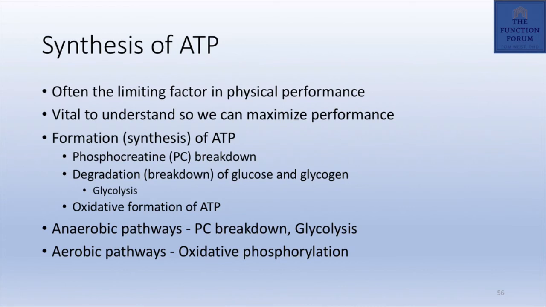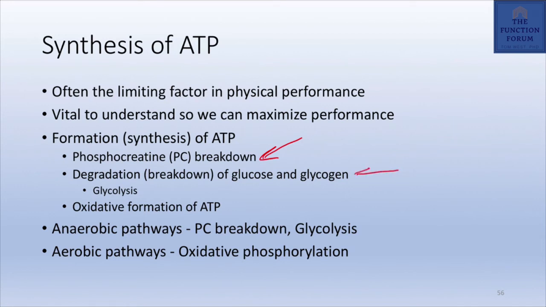And again, remember that we can synthesize more ATP by breaking down other molecules. So the energy systems we're going to look at are going to either break down phosphocreatine, which is a molecule that's stored in skeletal muscle in small amounts, but with training, we can get your skeletal muscle to store greater amounts. That breakdown of phosphocreatine can release energy that we can use to make more ATP.